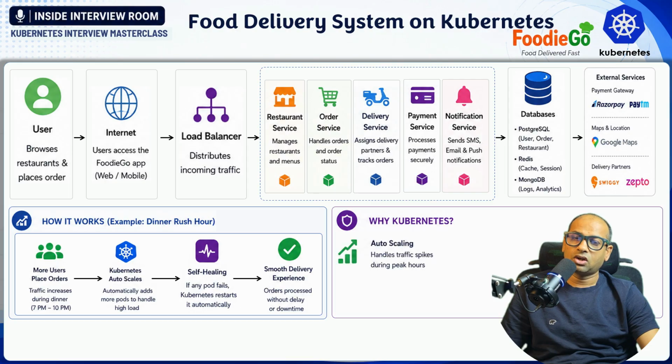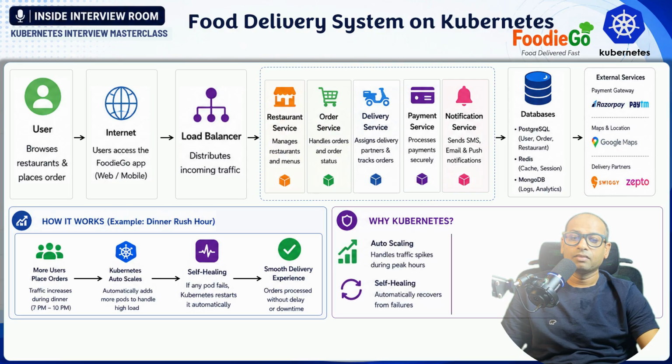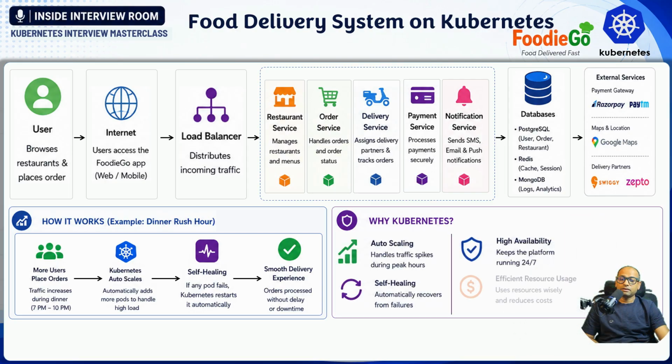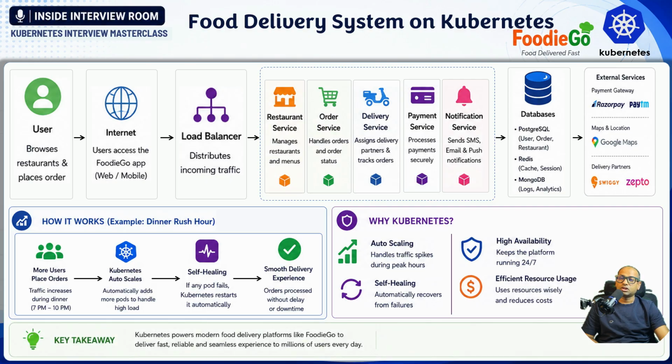Why Kubernetes? Autoscaling, self-healing, high availability, and efficient resource utilization. Kubernetes powers modern food delivery platforms like Zomato and Swiggy to deliver a fast, reliable, and seamless experience to millions of users every day.